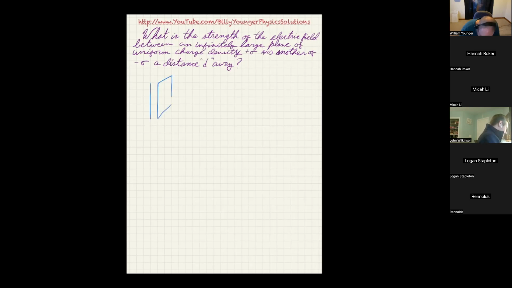It has a total area, let's say A, and it has a charge density negative sigma. What that means is if you wanted the total charge on this plate, it'd just be negative sigma times A, which is what I'd call negative Q.